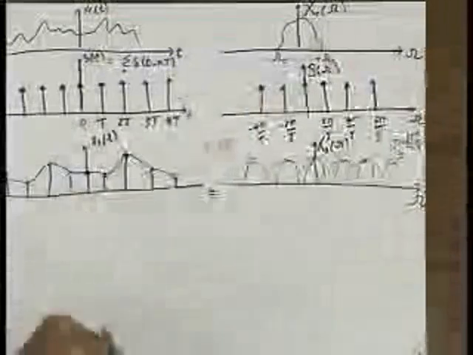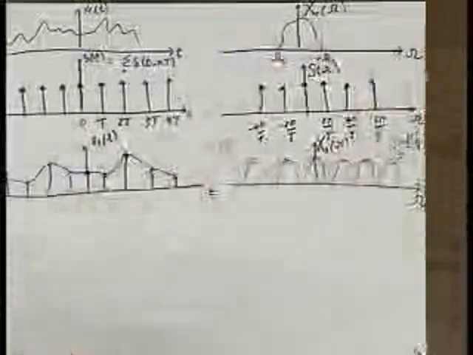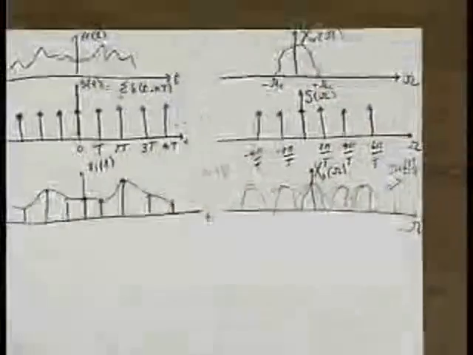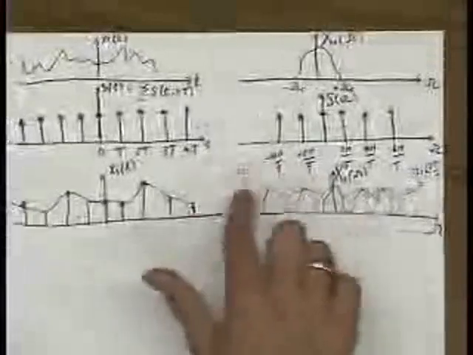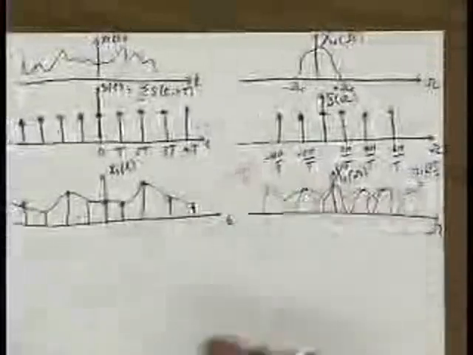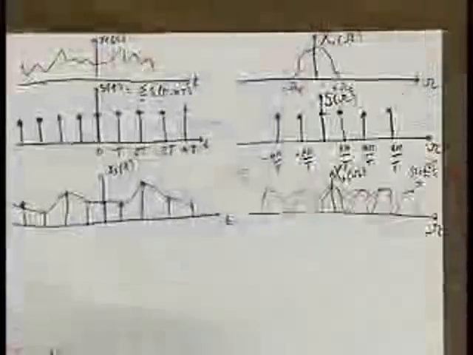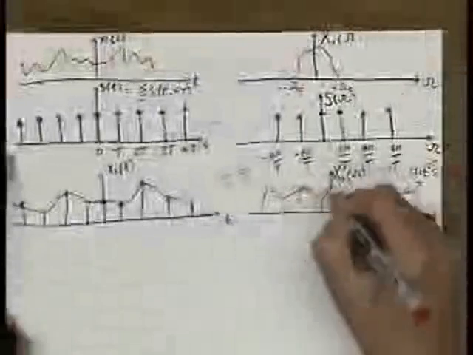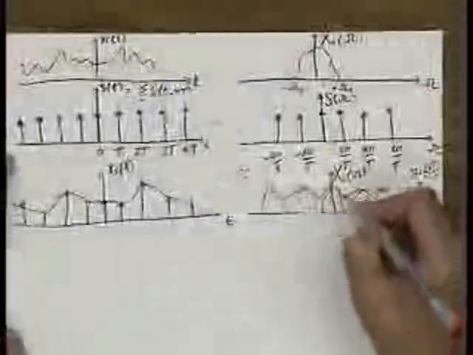If you have a signal that's band limited to omega c, and after you sample it you want to preserve the information that was in it, you have to satisfy this condition. Or else these things start overlapping. And what does it mean when they overlap? That means the shape of the spectra is not preserved. You get some blob like that. This part of the spectrum got added to this part of the spectrum.